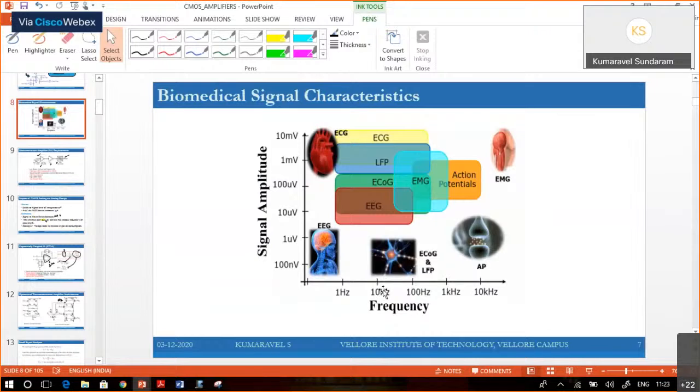ECG signal should lie between 1 hertz to 100 hertz. If it is EMG, 100 hertz to 1 kilohertz. If you want to process action potentials, then it should be up to 10 kilohertz. It depends on the biomedical signal. In the case of tissue impedance, you have to find what frequency it will come at.